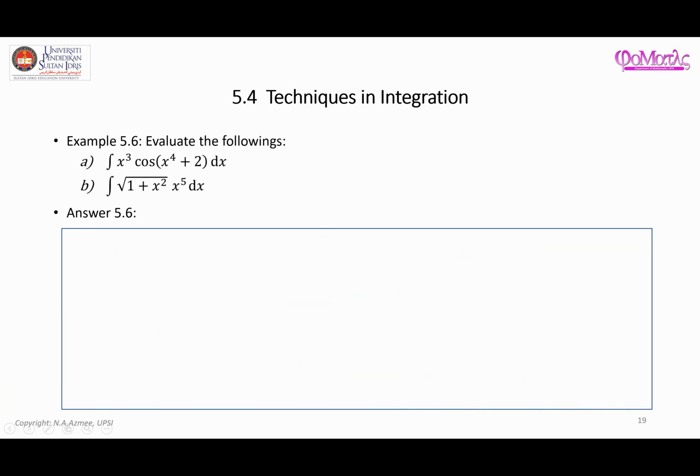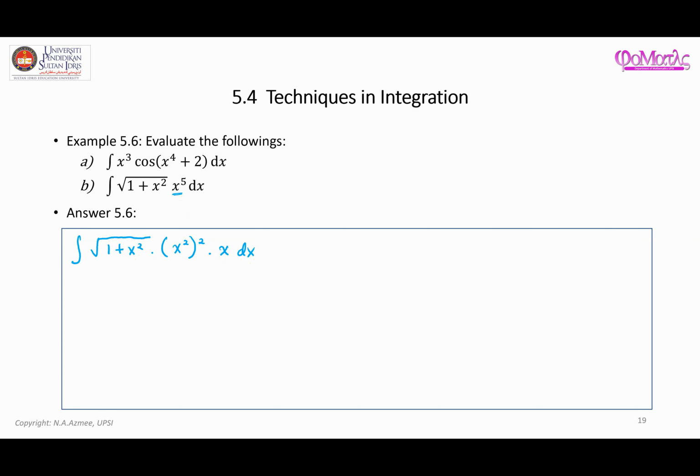So for question B, I'm going to rewrite the function given here in terms of perhaps 1 plus x squared, then I can have x squared times x dx. So x squared times x to the power of 4 times x will be x to the power of 5.